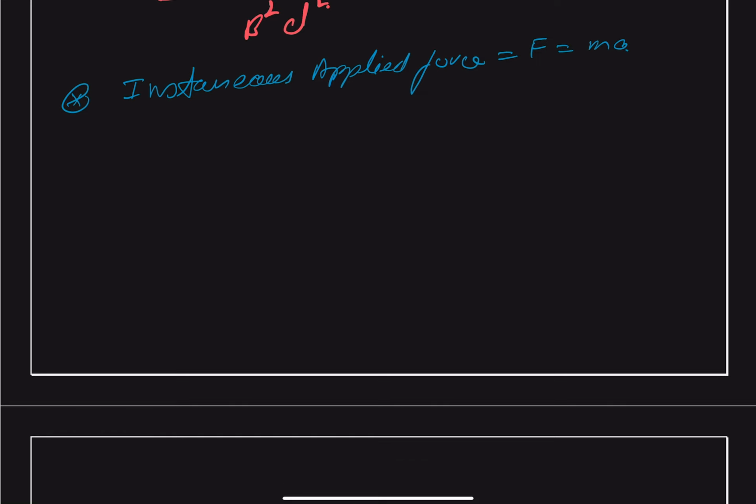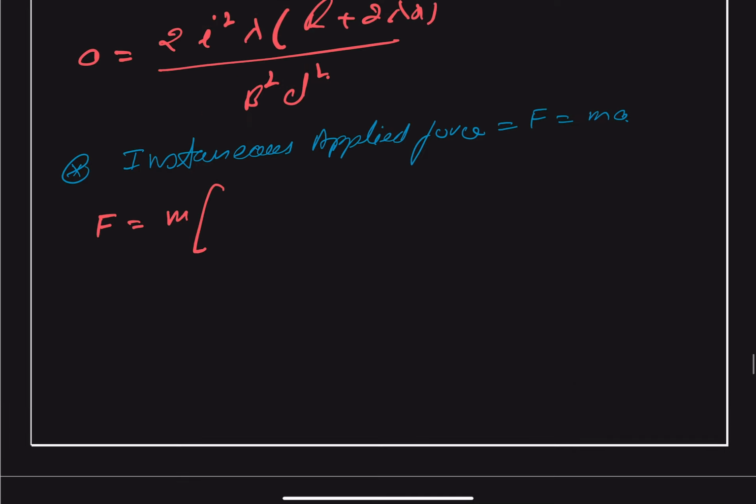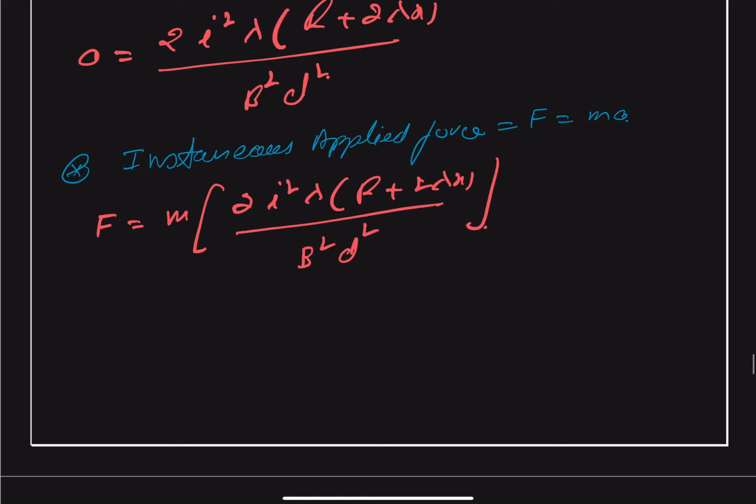So we get F equal to m, and we found that the acceleration is 2 I squared lambda times (R plus 2 lambda x) divided by B squared and d squared.